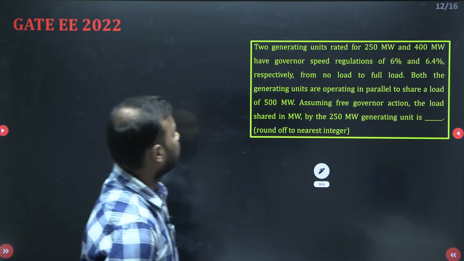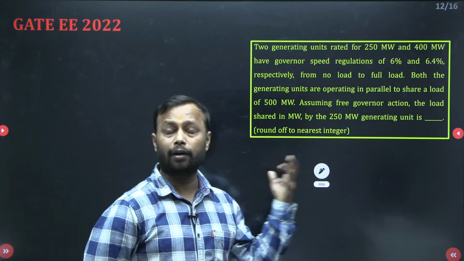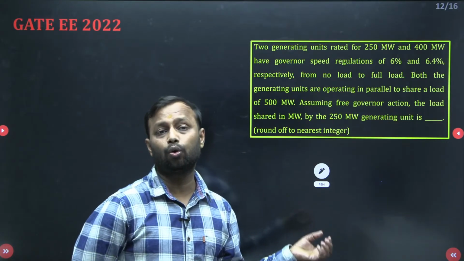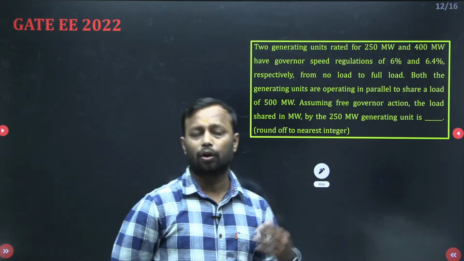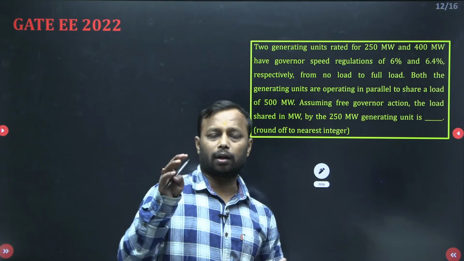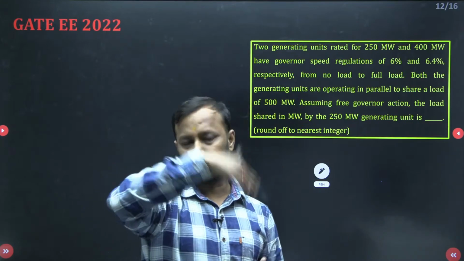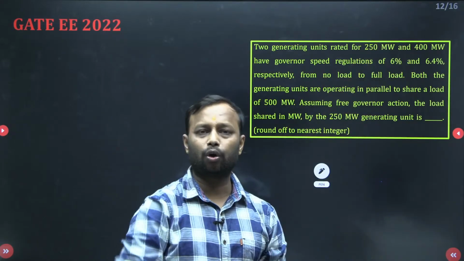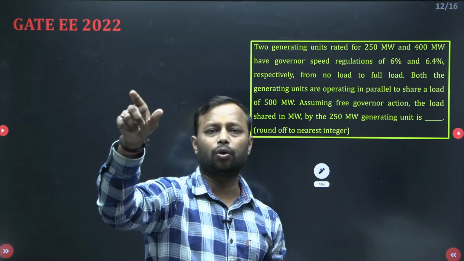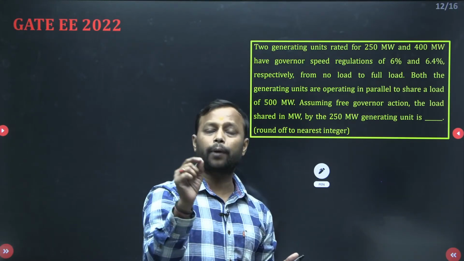Now this question, as I told you, is related to the parallel operation, but at the same time it is related to the droop characteristics. Those who are not aware of the droop characteristic, once this lecture is completed, please go to the foundation course of electrical machine, where I have taken the topic droop characteristic.